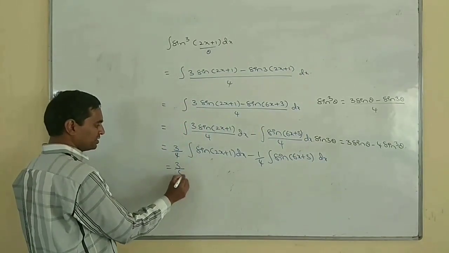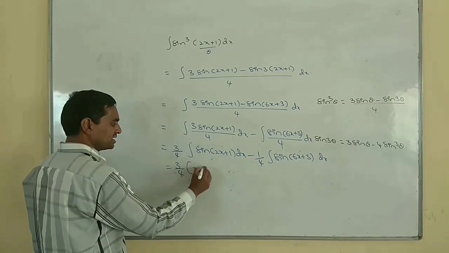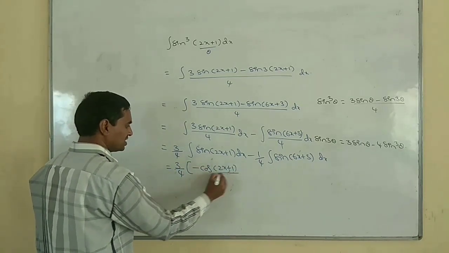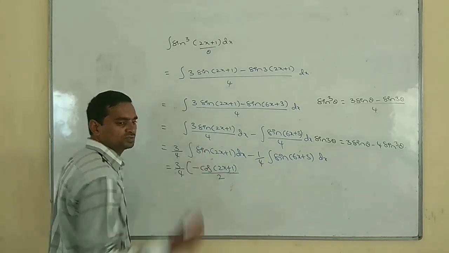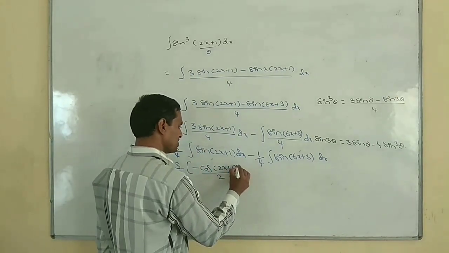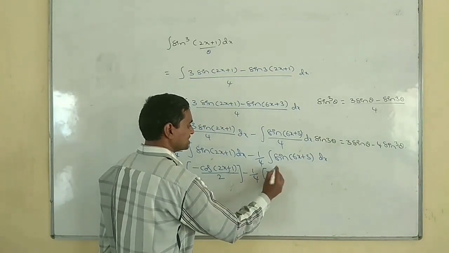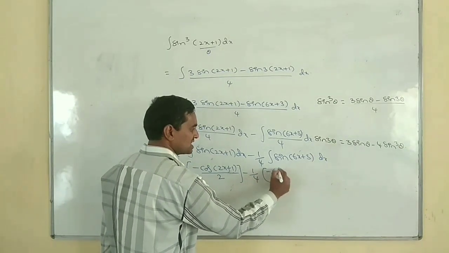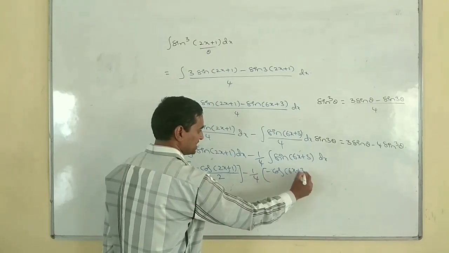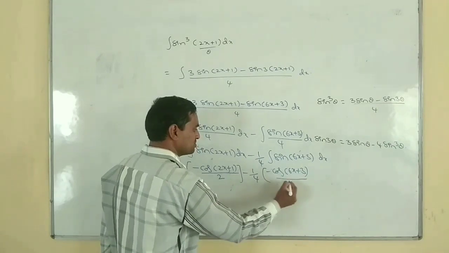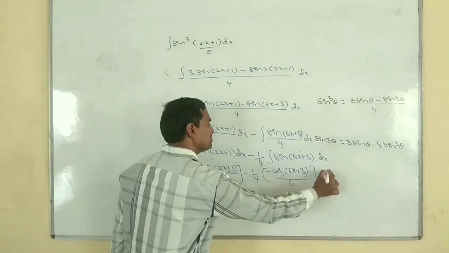3 by 4 into integration of sin, minus cos(2x plus 1) divided by the x coefficient; minus 1 by 4 into again integration of sin, minus cos(6x plus 3) as it is, divided by the x coefficient 6, totally plus.